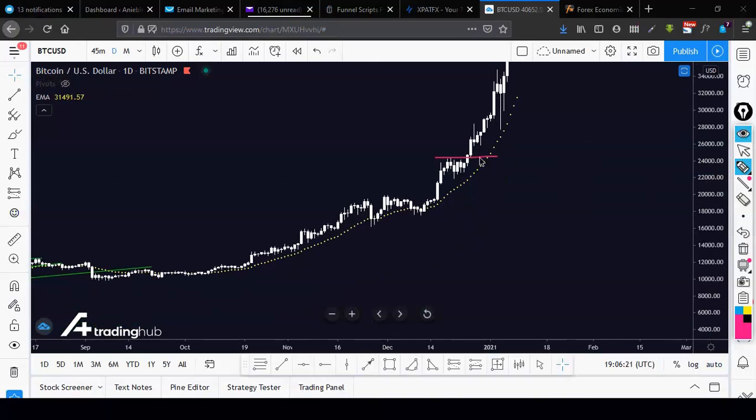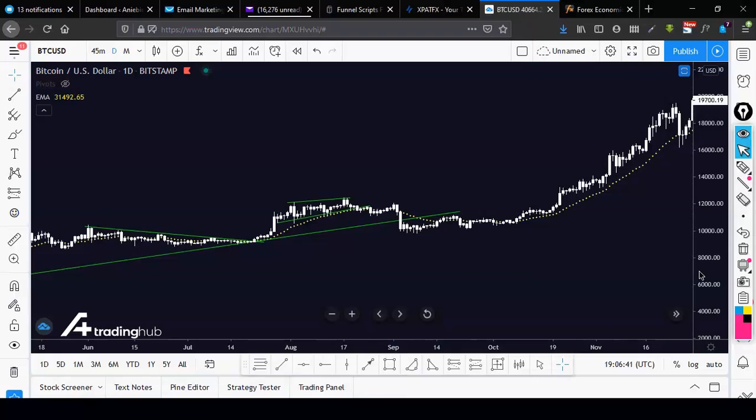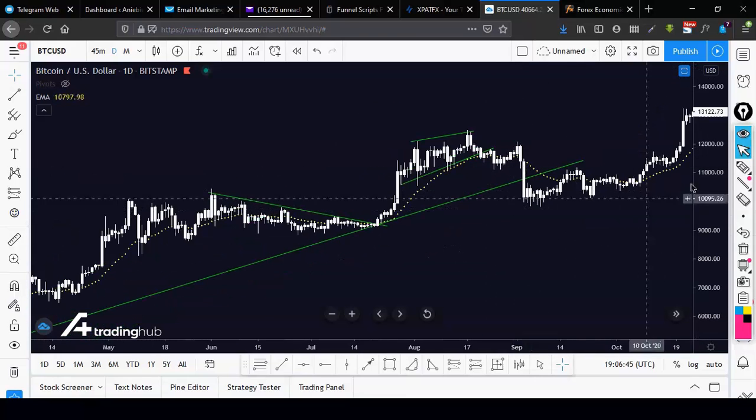Look at it here. This is one here, after a parabolic move. We saw a correction, then it continued. This was another parabolic move, and after it you see this A, B, C. This one didn't touch the bottom again and moved. So this is how Bitcoin normally moves. There is always a correction before the next impulse.